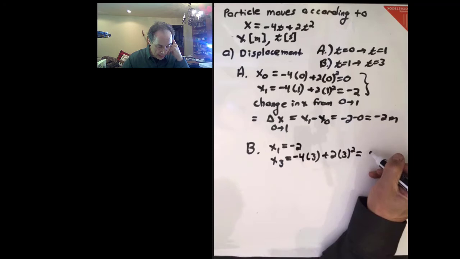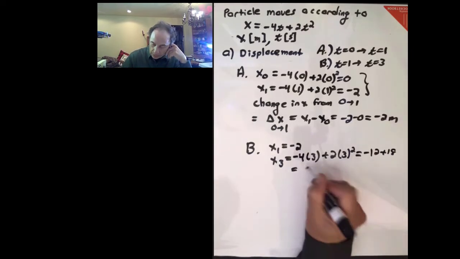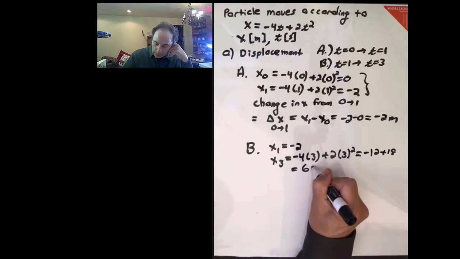And that works out to, let's see, 3 times 3 is 9, times 2 is 18. So that's minus 12 plus 18. So that comes out to 6 meters.